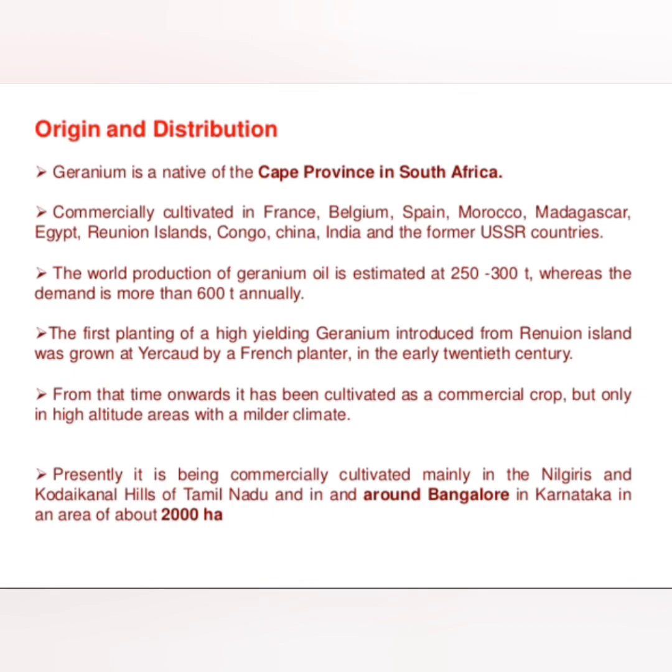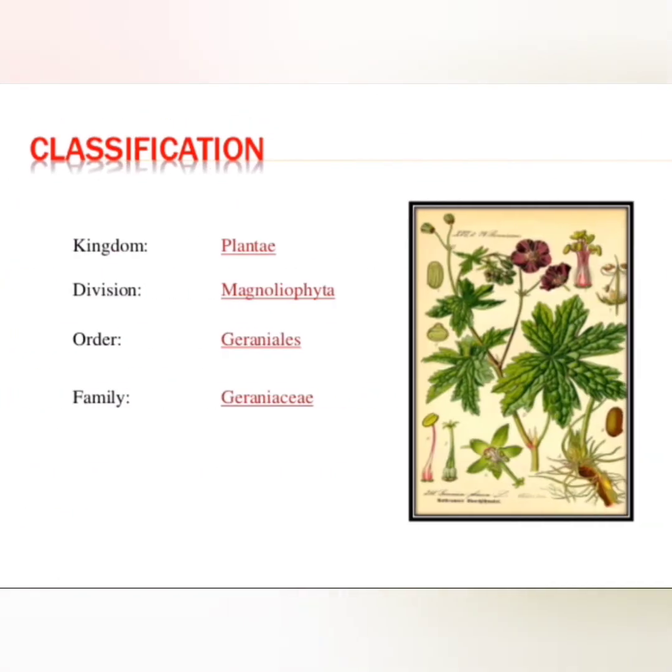But in India, it is commercially cultivated mainly in the Nilgiris and Kodaikanal hills of Tamil Nadu, and around Bangalore in Karnataka.